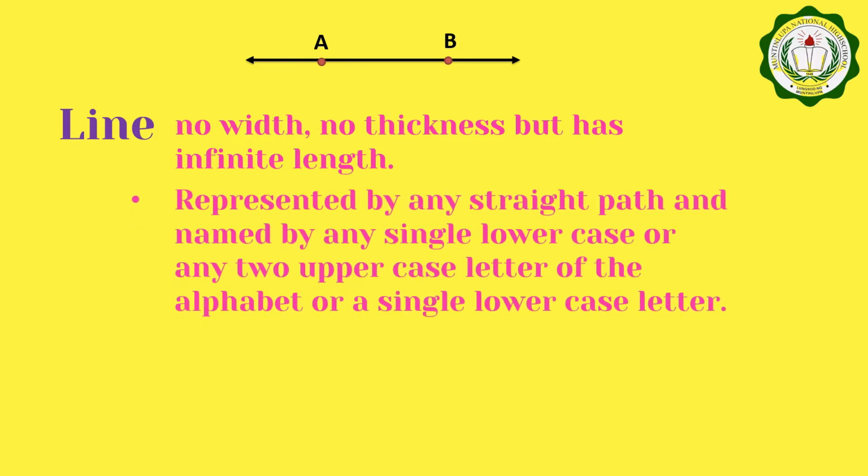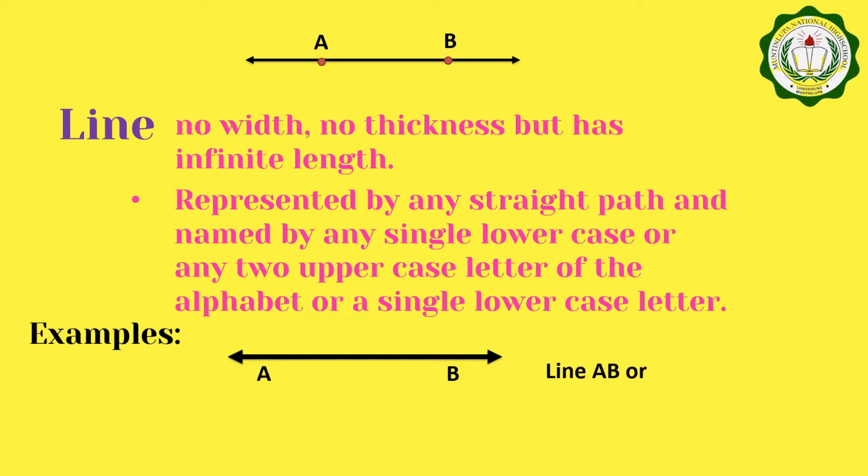It is represented by any straight path and named using any 2 uppercase letters of the alphabet or a single lowercase letter. For example, we can name this line as line AB or in symbol line AB. For the second figure, we can name this as line Y.